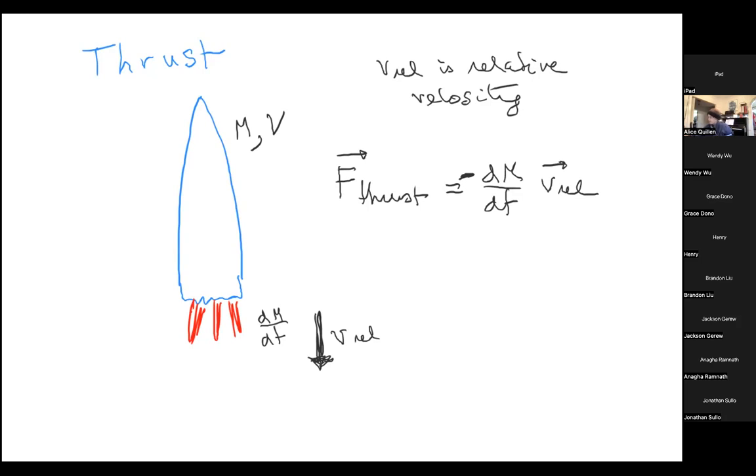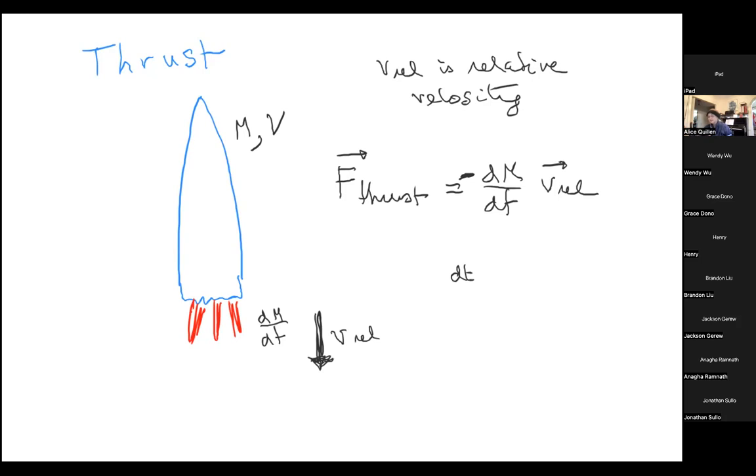Okay, so why does this make sense? Let's go back here and talk about that. Again, you have to think about a small length of time dt.